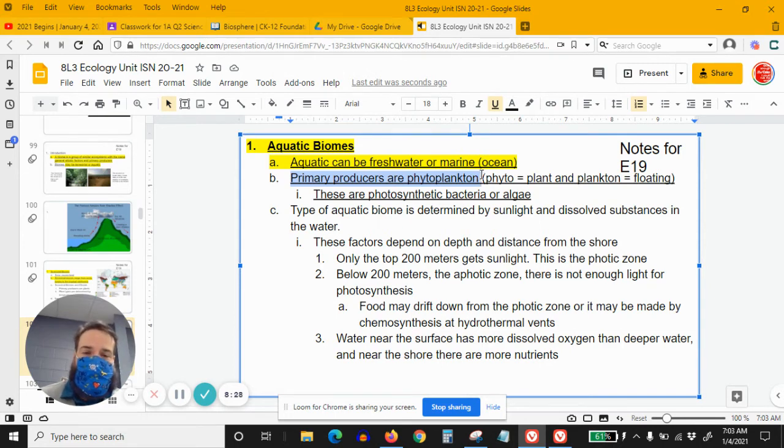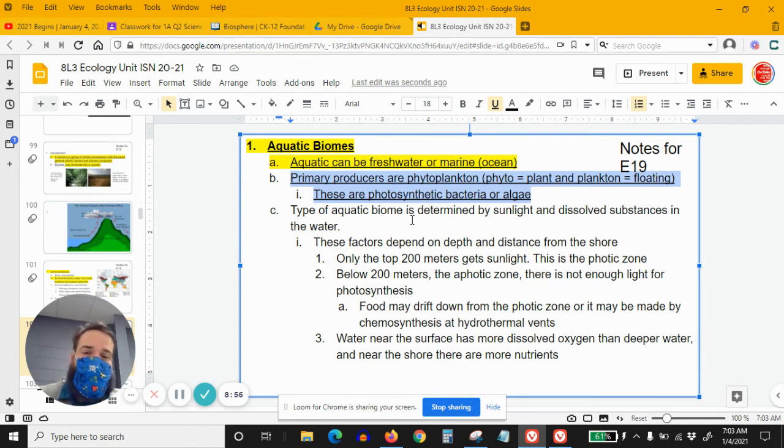They float at the surface. Plankton means floating. Phyto means plant. So these are floating plants. They're not really plants. They're protists. But they didn't know that back when they were naming these things. So these phytoplankton are usually photosynthetic bacteria or algae.